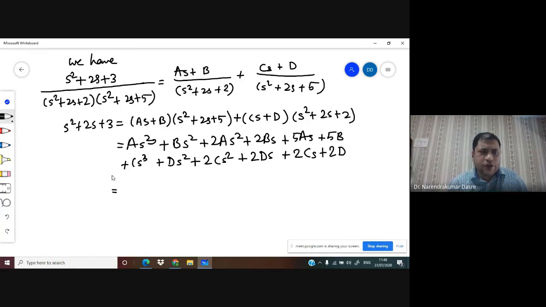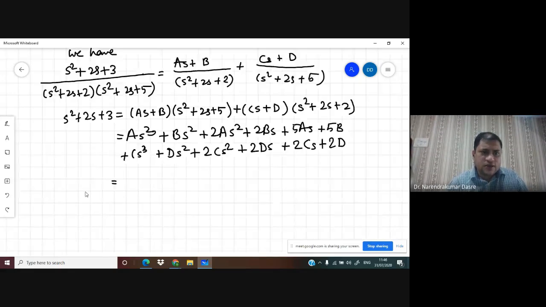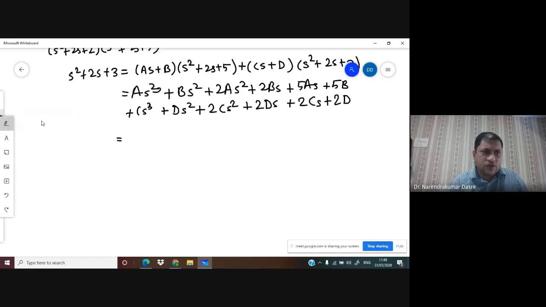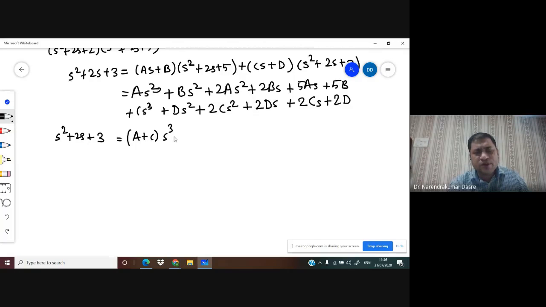Now, what we'll do is collect the terms with similar power of s. So I'll have (a plus c) into s cube. This is going to be s square plus 2s plus 3. Then for s square terms we have (2a plus b plus 2c plus d) s square.